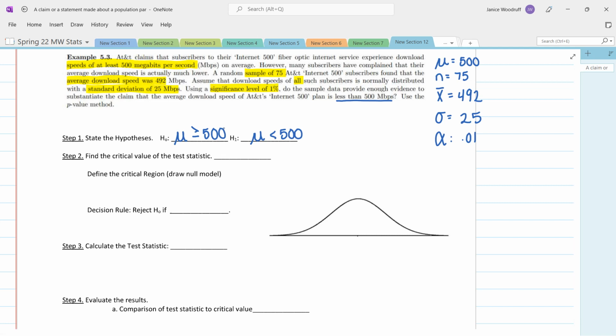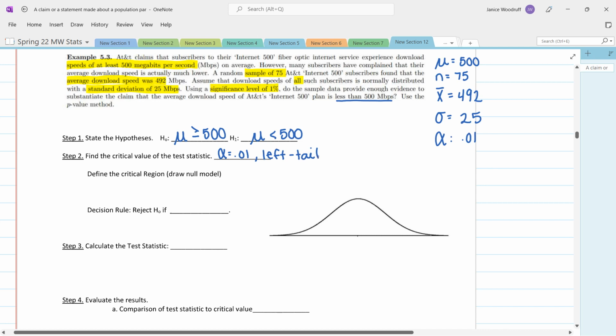Critical value, you have a significance level of 1%, so 0.01. The alternative is pointing to the left, so this is left tail. Okay, so here we go. This is 0.01. We're going to go inverse norm. 0.01, 0, and 1.